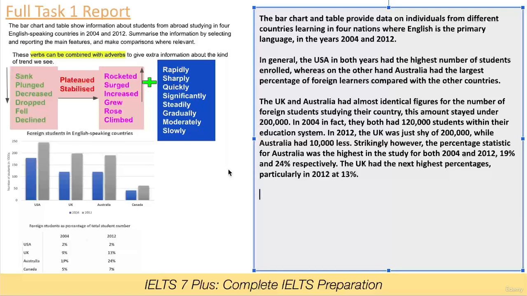Let's go to our next paragraph, our next grouping, and we're going to look at the USA and Canada. So let's start with the USA and Canada.